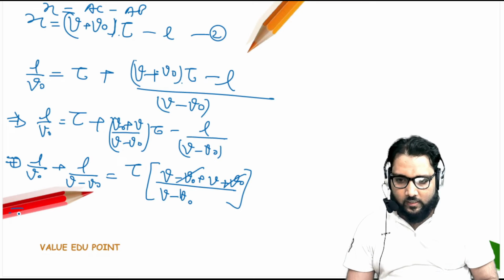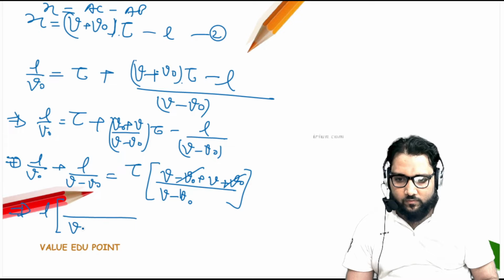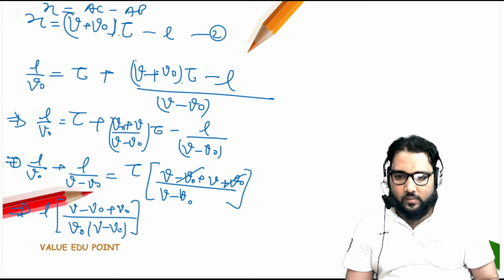Is it okay, guys? And if we further solve this, if you take L common, then if you take LCM, so V₀, V − V₀. Here V − V₀ will come, here V₀ will come. Again here you can see, so here 2Vτ upon V − V₀.